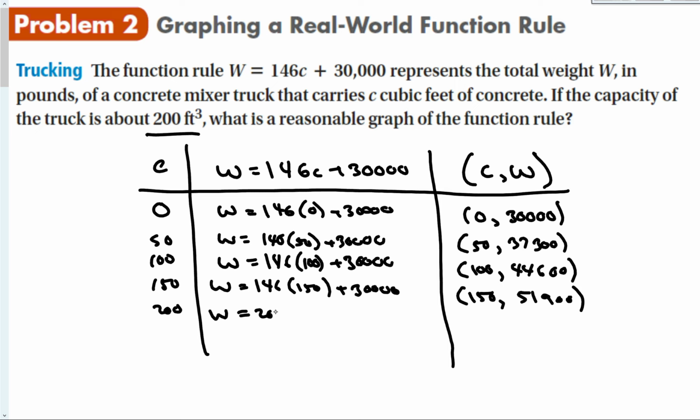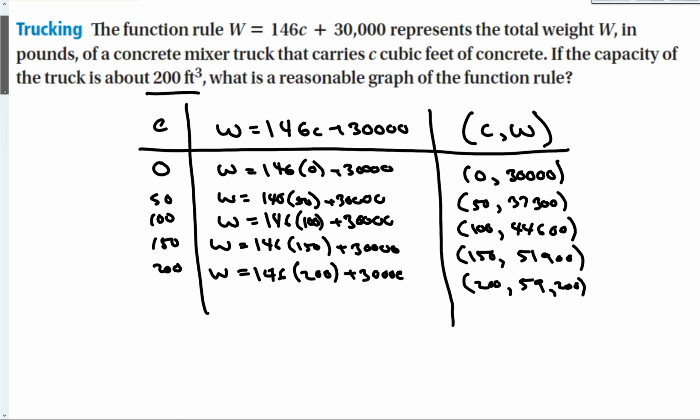And finally, 146 times my 200 plus 30,000 is going to give me an output of 200, comma, 59,200. Okay, so here's my data.